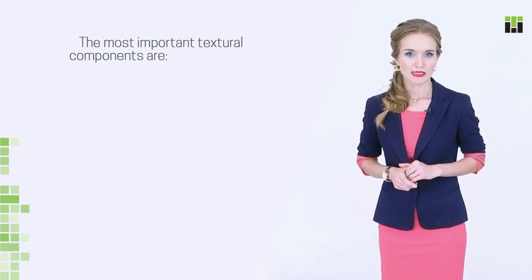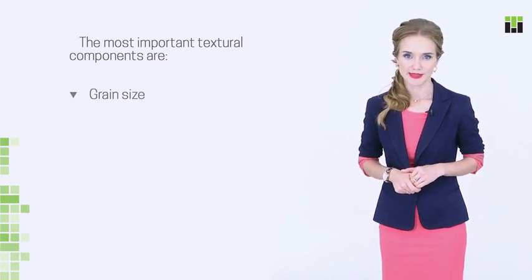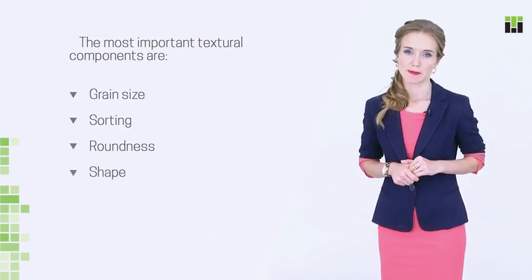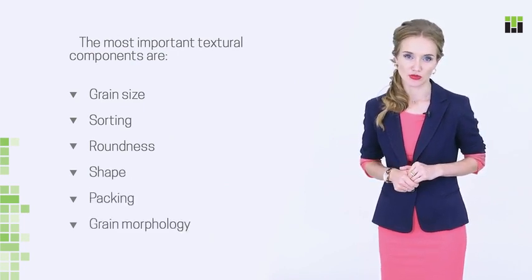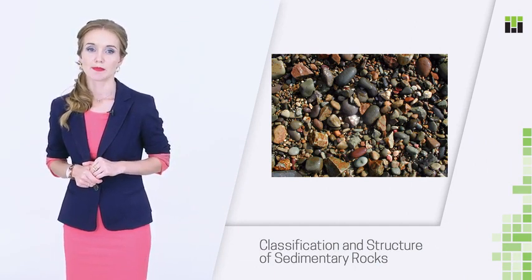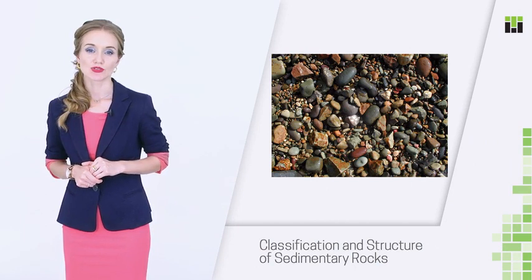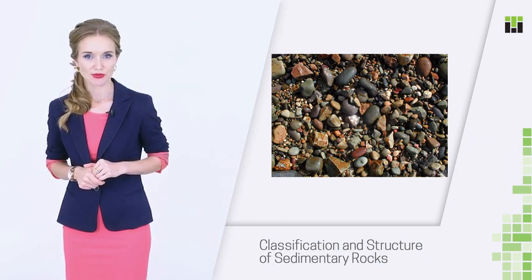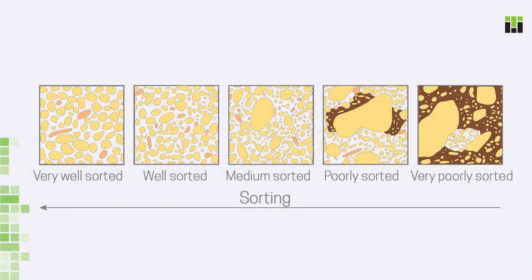The most important textural components are grain size, sorting, roundness, shape, packing, and grain morphology. Grain size is the most obvious characteristic. Based on this property, geologists distinguish coarse rocks, sandy rocks, silt rocks, and pelitic rocks. Sorting reflects a dynamic process.